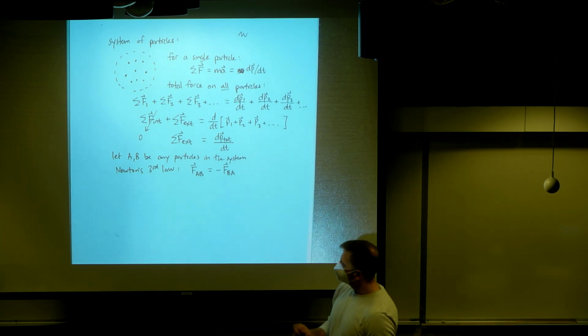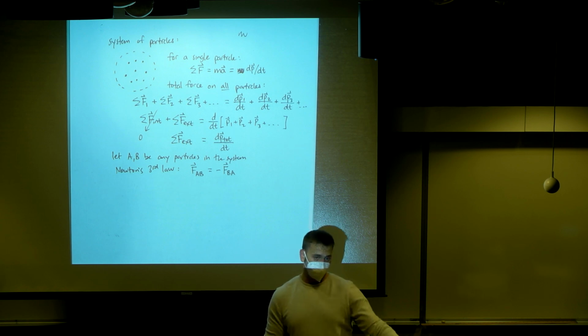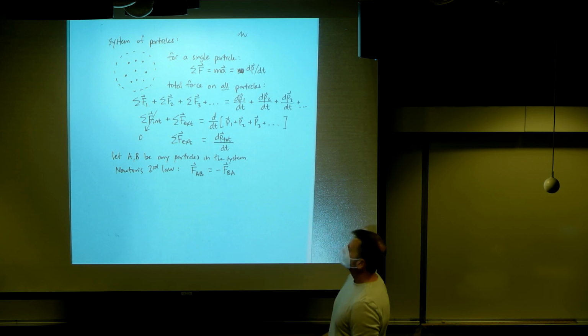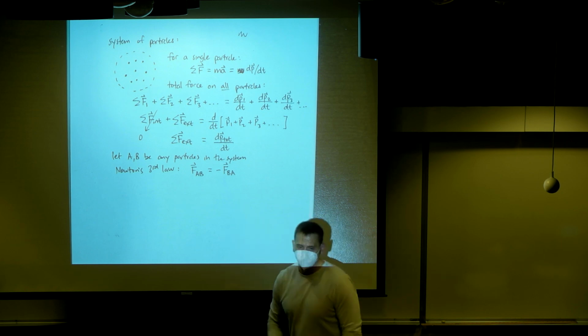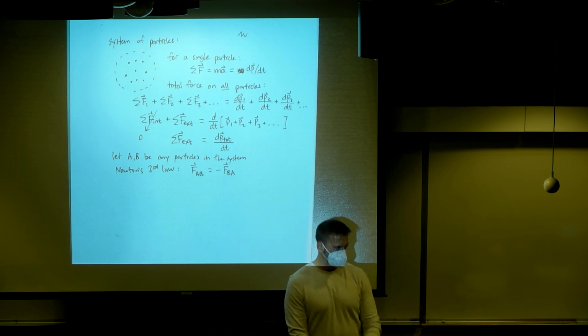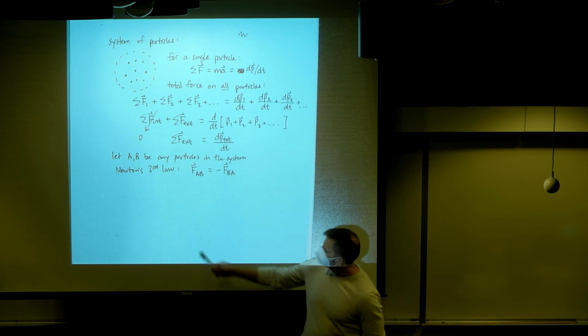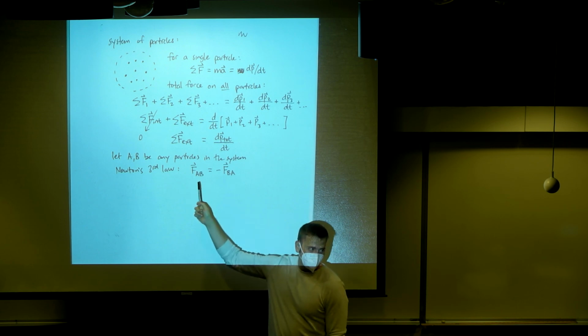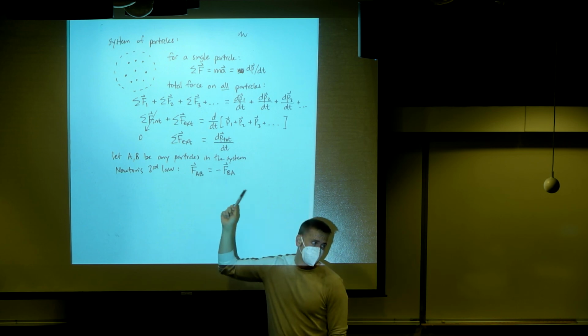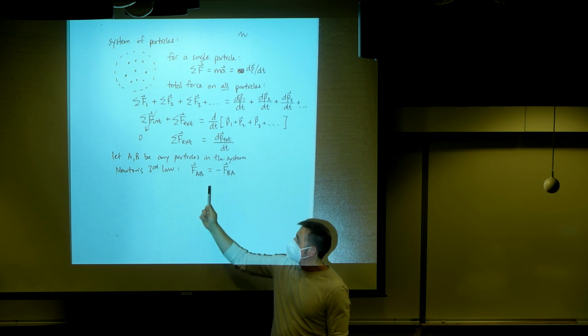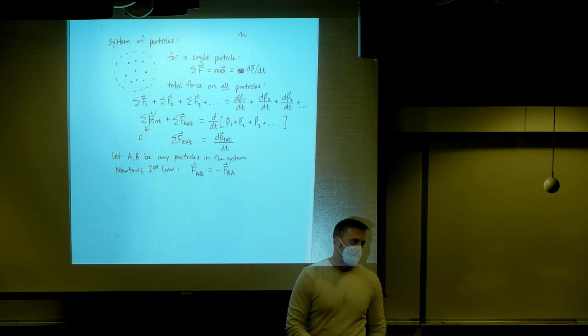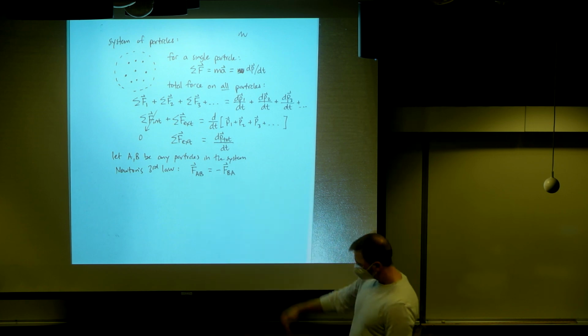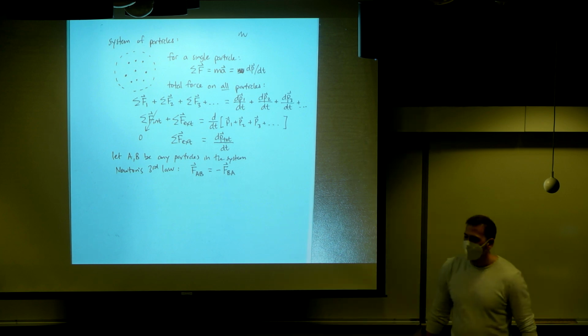So if one particle in my system is exerting a force on another, that particle is exerting a force right back on the other, and it's equal and opposite, okay? And you see, these are internal forces because they're between two particles in my system. But for every internal force I have an equal and opposite internal force, right? For every FAB, I have a minus FAB basically, right?